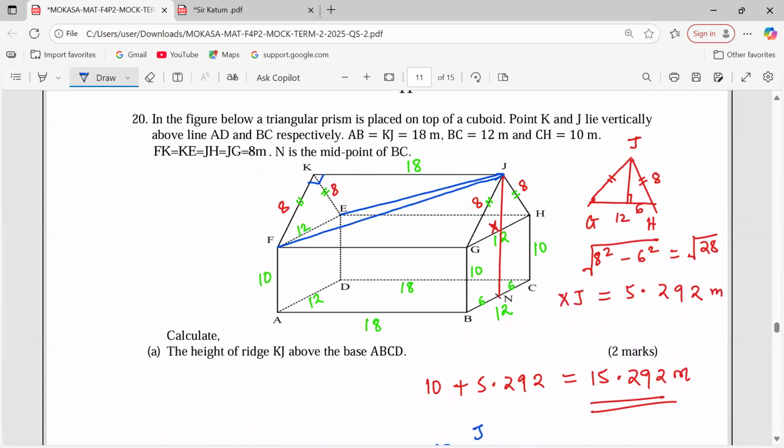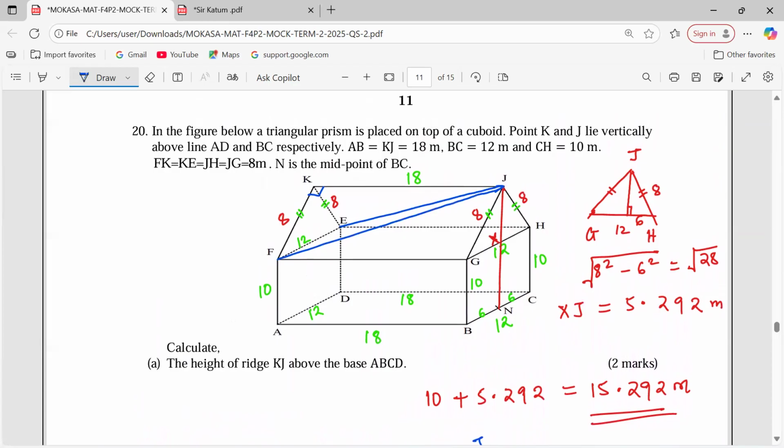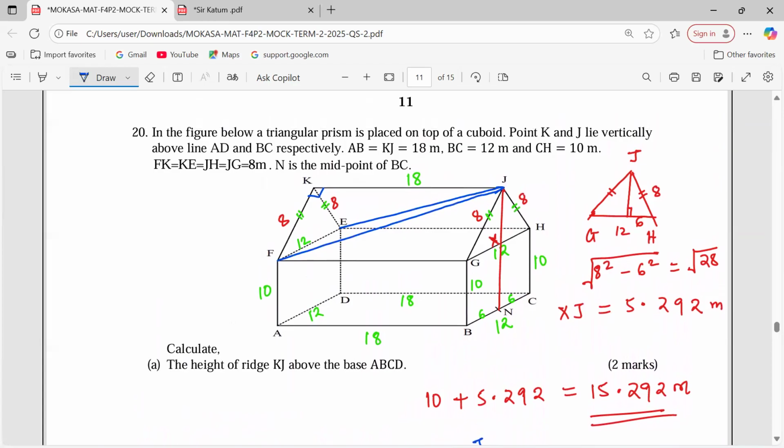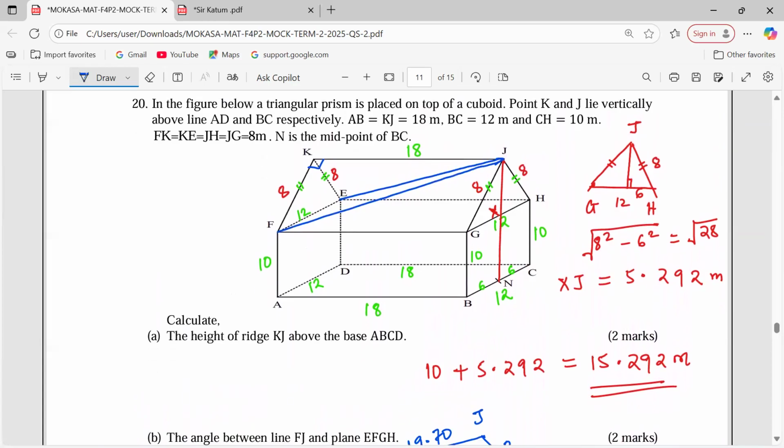One thing that you're supposed to know is that those two planes, FEJ and ABCD, are not meeting. If they don't meet, we translate one to the plane that contains the other. It should be very easy to translate the base upwards so that they meet somewhere.